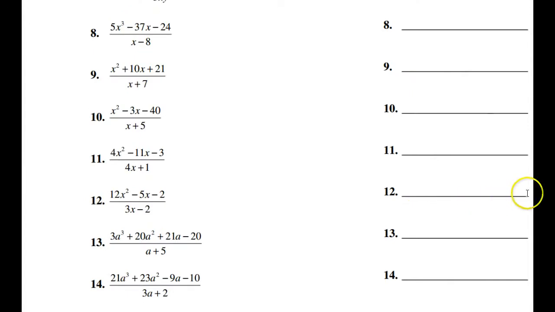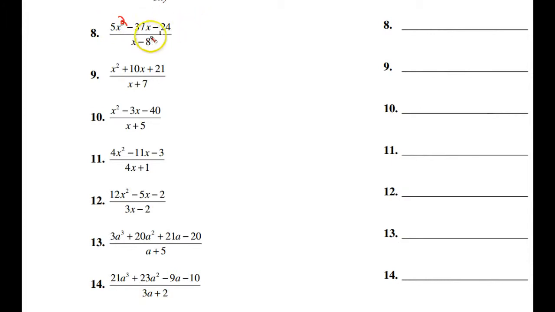Now in number 8, we see something different. We have a trinomial that's divided by a binomial. So I'm going to take some time to show you this process. And by the way, there is a typo here. This should be a 2.